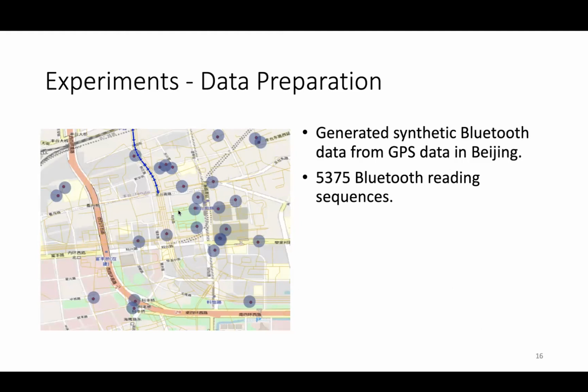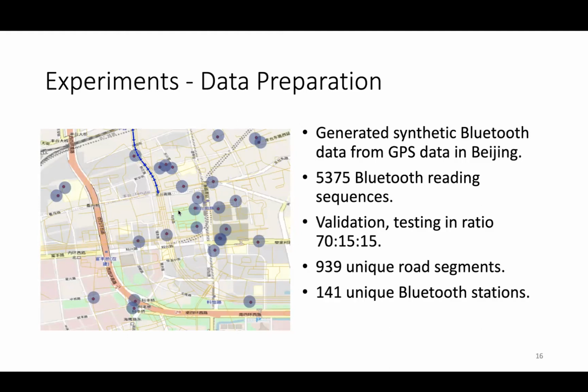And then we randomly pick 141 intersections as the locations having Bluetooth stations. Any ground truth road passing through the region will be recorded as one Bluetooth reading. In the end, we generate about 5,000 trajectories that cover about 1,000 unique road segments.